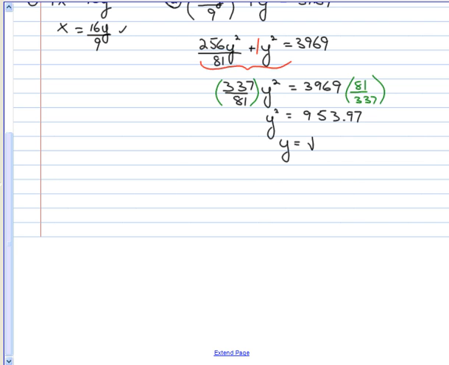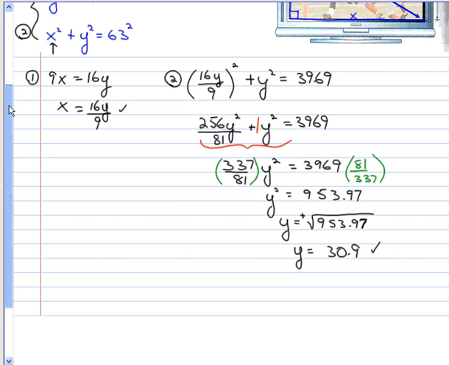Normally we do take plus or minus the square root, but since y stands for the length of the side of the television, we're not going to have a negative length, so I'm only going to take the positive square root of it. The square root of that number happens to be approximately 30.9. So there I have a y value.